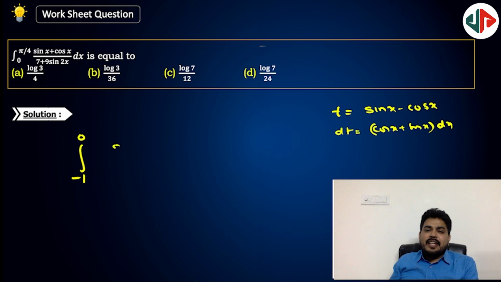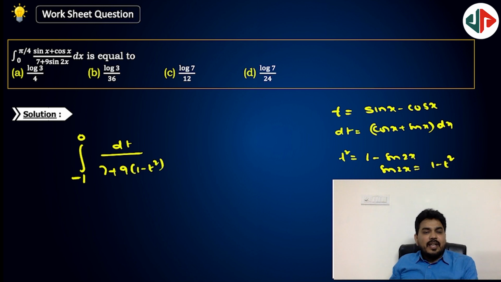Numerator will be dt. Denominator: t square is equal to 1 minus sin 2x, so sin 2x is equal to 1 minus t square. So 7 plus 9 into 1 minus t square. So this is equal to integral minus 1 to 0 dt by 16 minus 9t square.